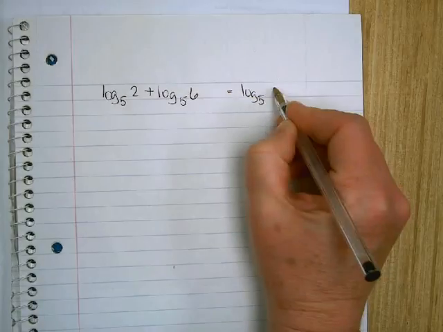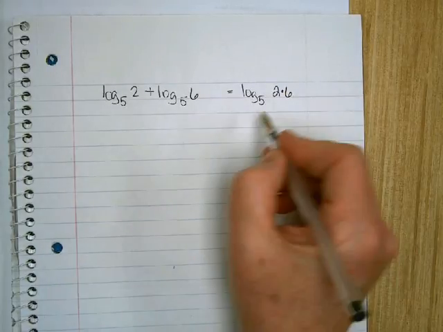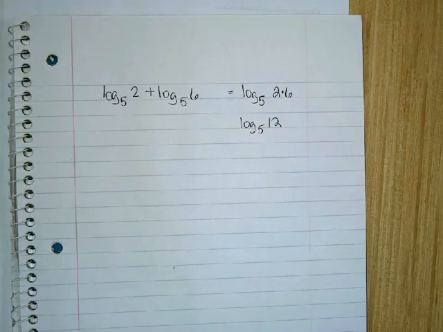Of 2 times 6, right? Which is really log base 5 of 12. You paying attention? Do I have everybody's attention? What property did I just use? It's either power, product, or quotient. This one's product.